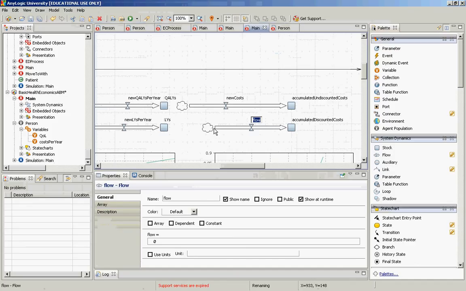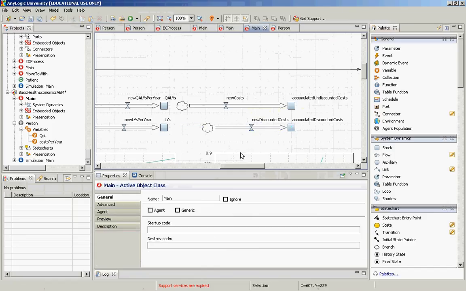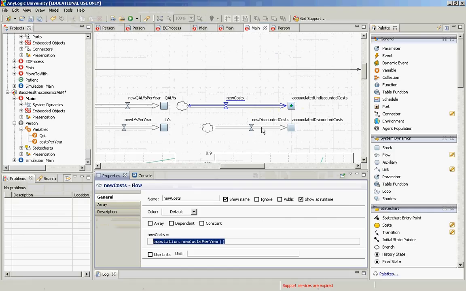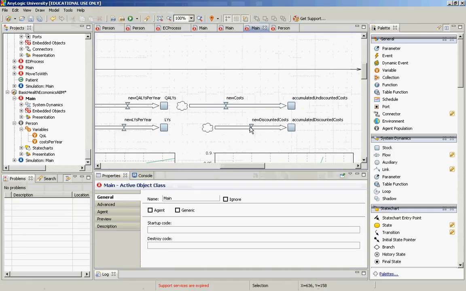So here we're going to have new discounted costs. Now, in contrast to the new costs flow above, new discounted costs is going to depend on, for sure, the new cost per year. But it's also going to depend on a discount rate, a discount coefficient.